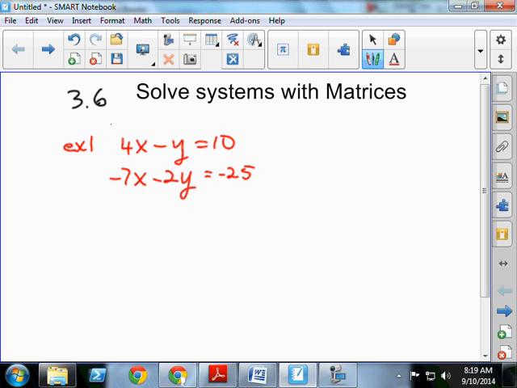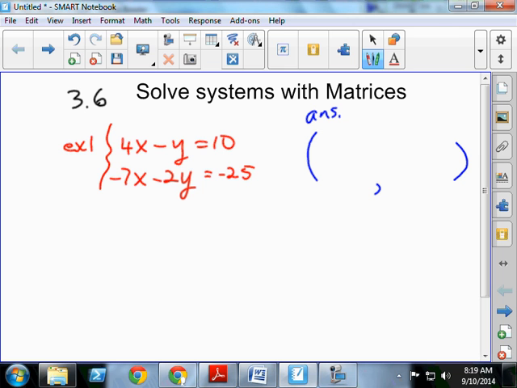So that's a system. Who remembers how our final answer ought to be written? An ordered pair, nice. Good looking out. So our final answer should be an ordered pair, and in that ordered pair, there's going to be an x and a y, right? Everybody with me so far?